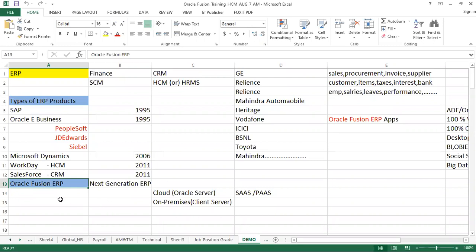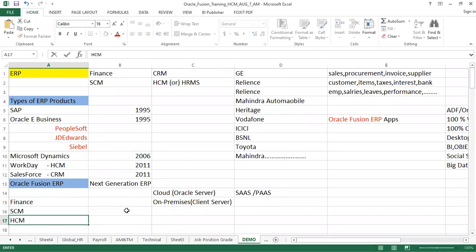In Oracle Fusion Applications, we have finance, if any client wants to maintain day-to-day financial transactions. Supply chain management, if any client wants to maintain their procurement data, order management, sales, inventory, and manufacturing.